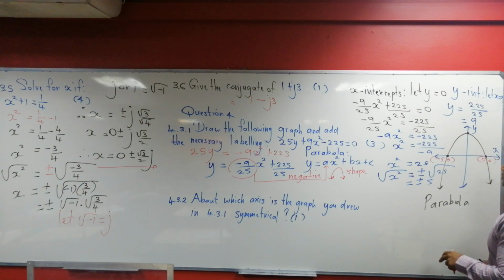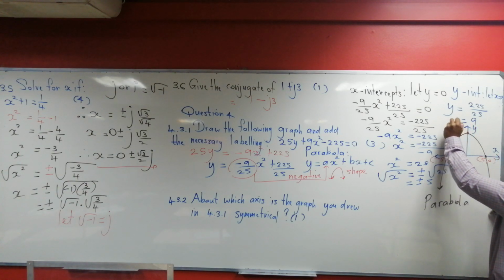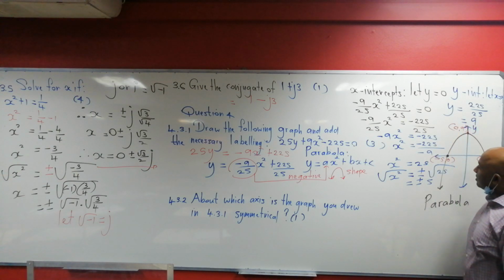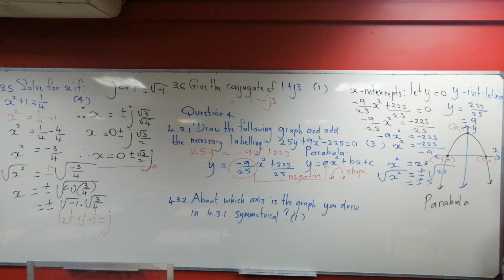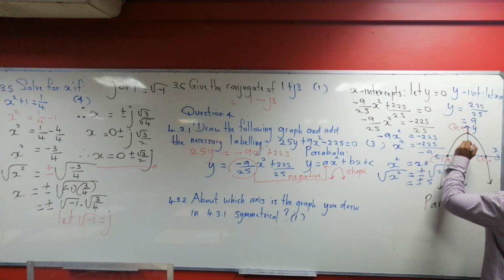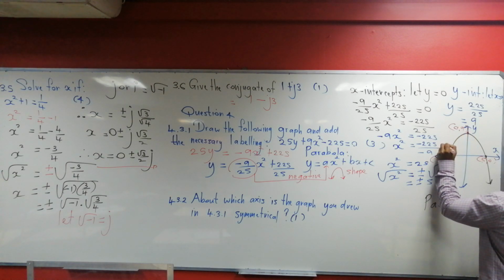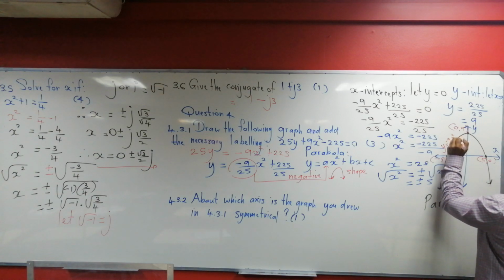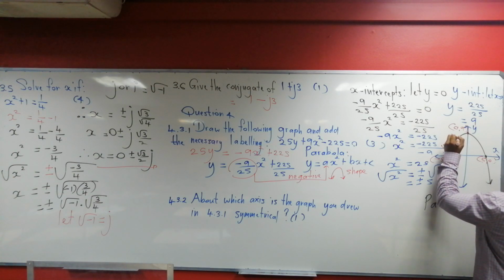What is the y-intercept here? When x was equal to 0, y was equal to 9. So what else is there to do? Label your graph. Y is equal to minus 9 over 25 x squared plus 225 over 25, which is plus 9.